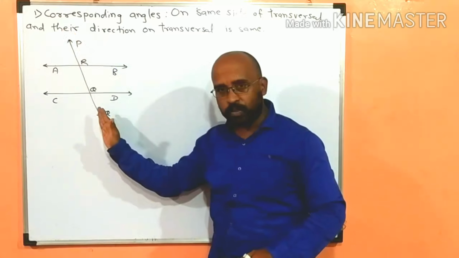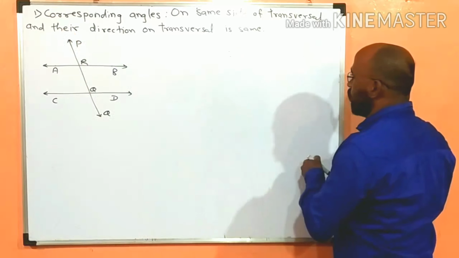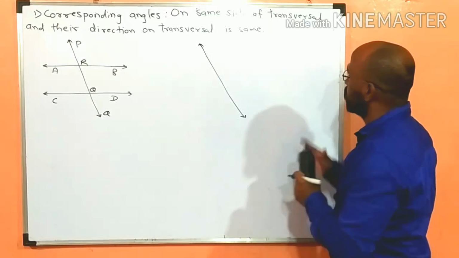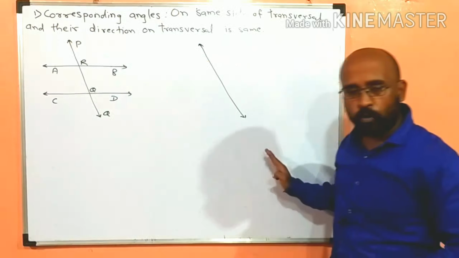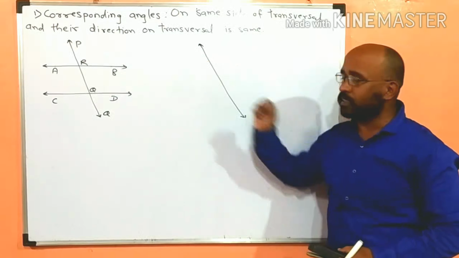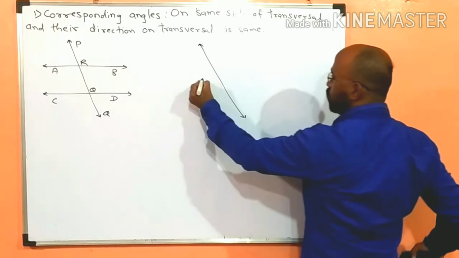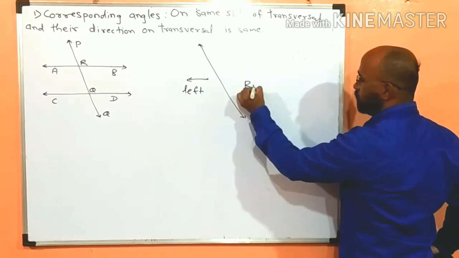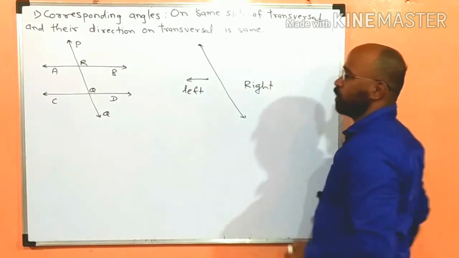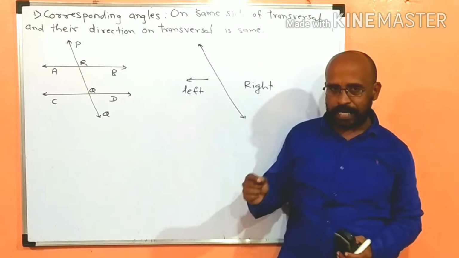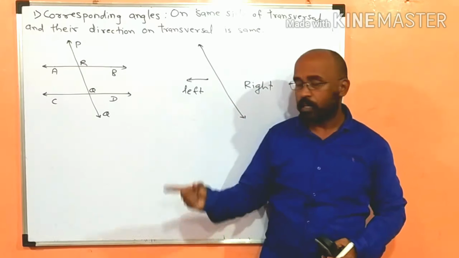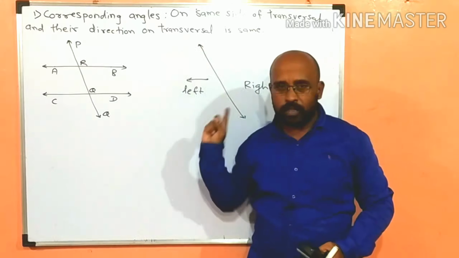Now students, we have to see sides created by transversal. So this is the transversal. Suppose one line is drawn like this. Which sides of this plane, means this board, are created by this line? Naturally you will say this left side and this right side. So please students, whenever deciding sides of angles, decide with respect to transversal.